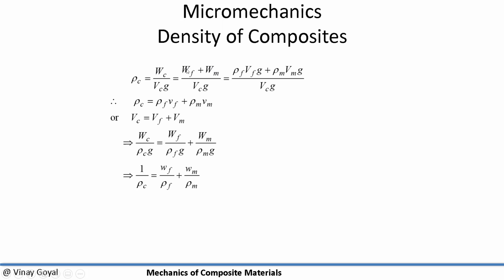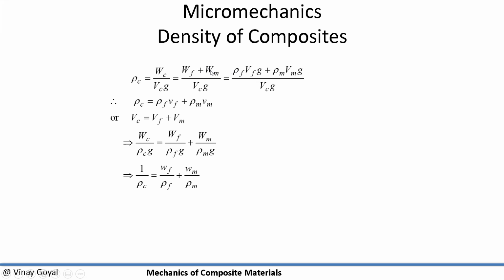Further, what is the weight of the fiber? That's going to be mass of the fiber times gravity, and mass of the fiber is density times volume. So that's what I have.